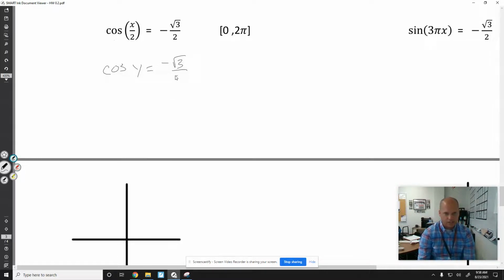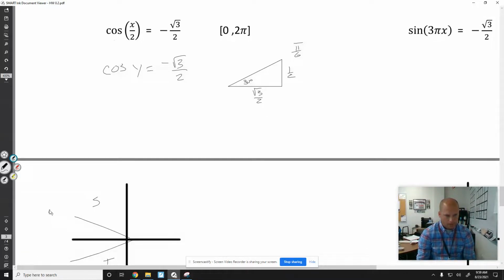When is my adjacent side length root 3 over 2? It's when I have my shorter 30, 60, 90 triangle, where the adjacent side, the longer side, is the root 3 over 2. This is at a pi over 6, shorter. So I want the pi over 6 here and the pi over 6 there, because that's when cosine is negative, when I'm going to the left.